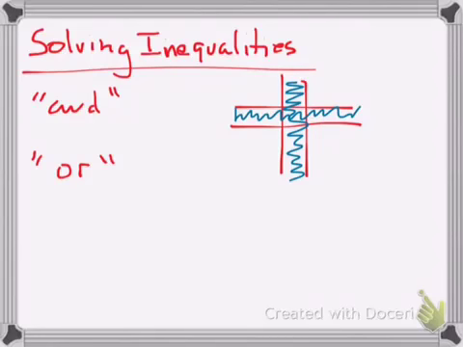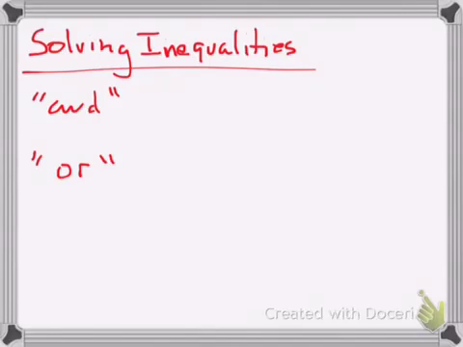So if I'm graphing an or problem, I do just like I just did. You shade everything. If you're graphing an and, what are we looking for? Only where they cross over each other, right? So with and, we're only going to shade where they cross over each other. Let's work a couple of these, just so we can kind of recall. Intersection is what we're looking for with and.